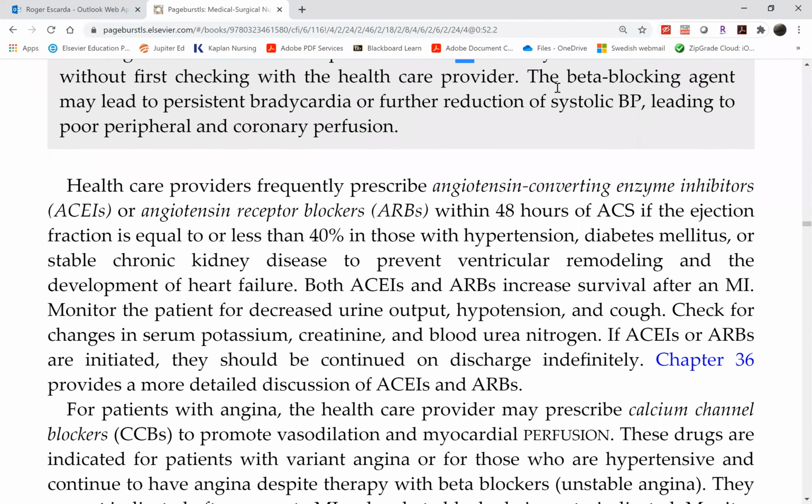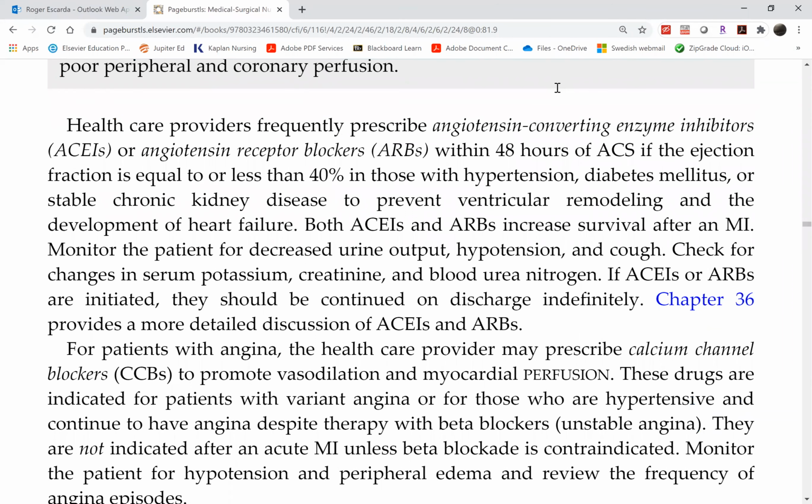Along with the aspirin and Plavix, the patient also, this is all in preparation for discharge, okay? So the acute episode is over. We've done the PCI already, so the patient will be started on these discharge medications.